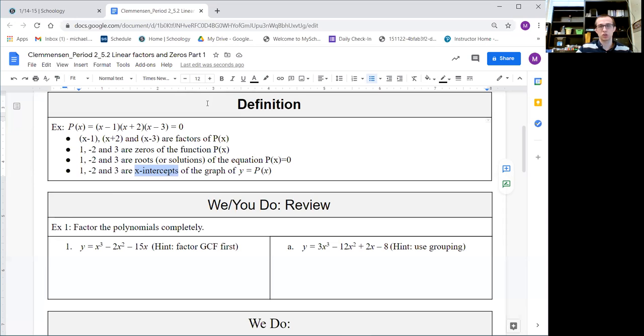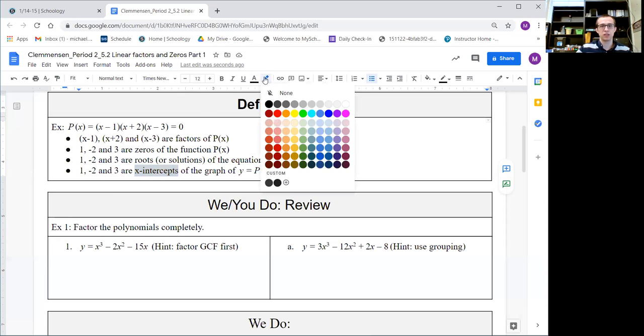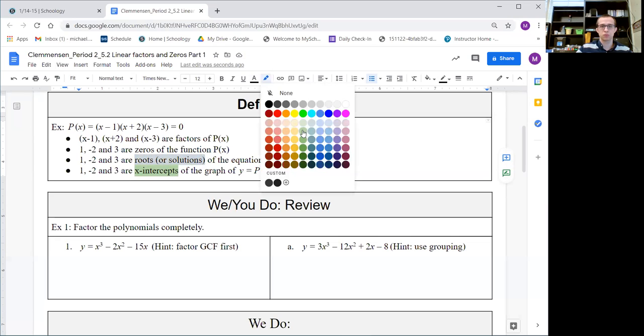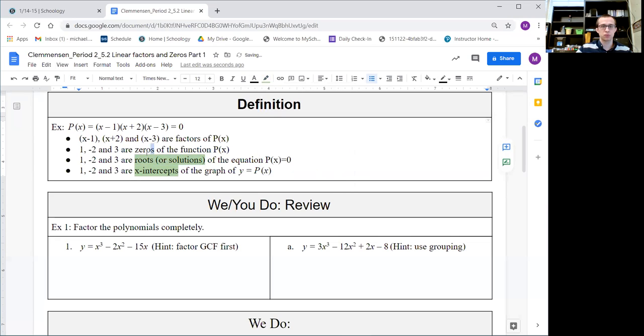So to show that, we're going to highlight each one of these. Let's go with green. So x-intercepts, roots or solutions, and zeros are all really the same thing. They're all talking about the fact that wherever my function equals 0.